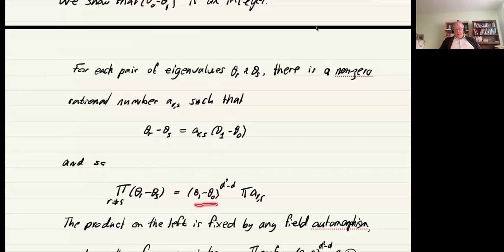So we have this, and then we have the product of these coefficients. Now, this is rational because it's the product of rational numbers. What about this? Well, this is where the field theory comes in. What I claim is that any field automorphism permutes these pairs amongst themselves. So you're looking at the pairs θ_R, θ_S such that E_R, E_S is not 0.